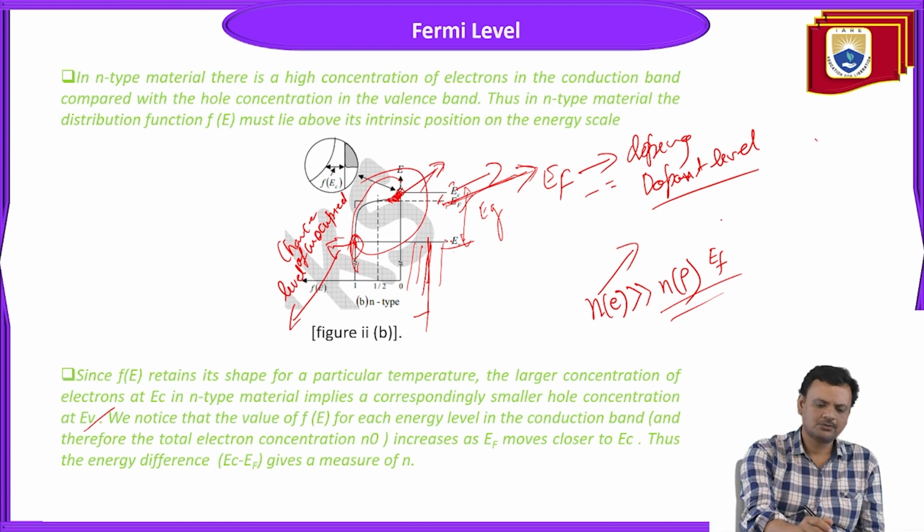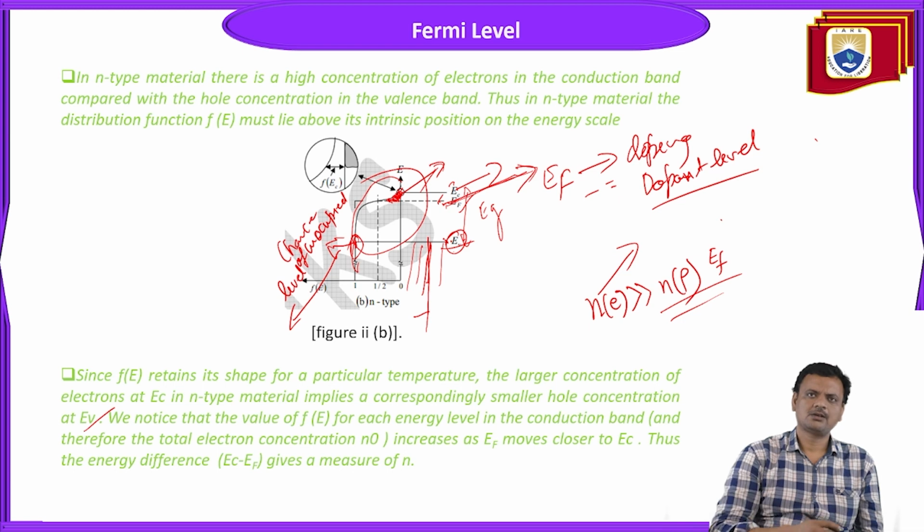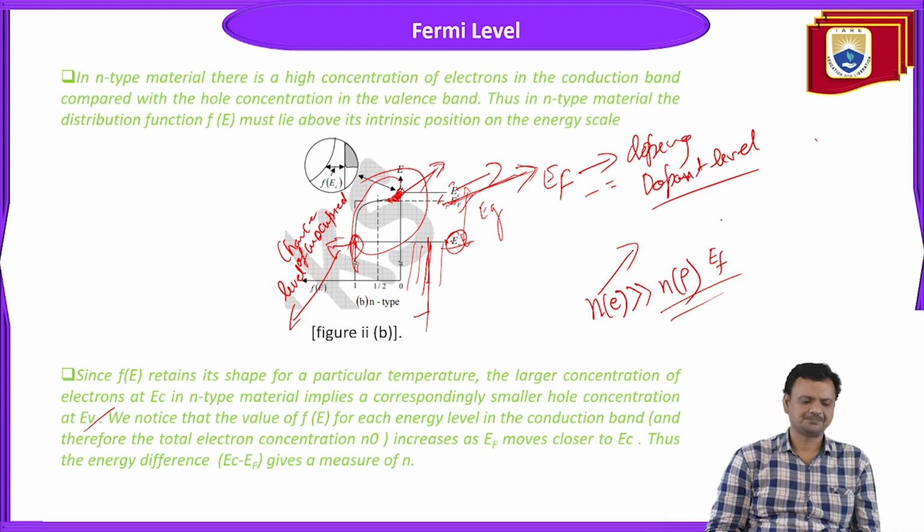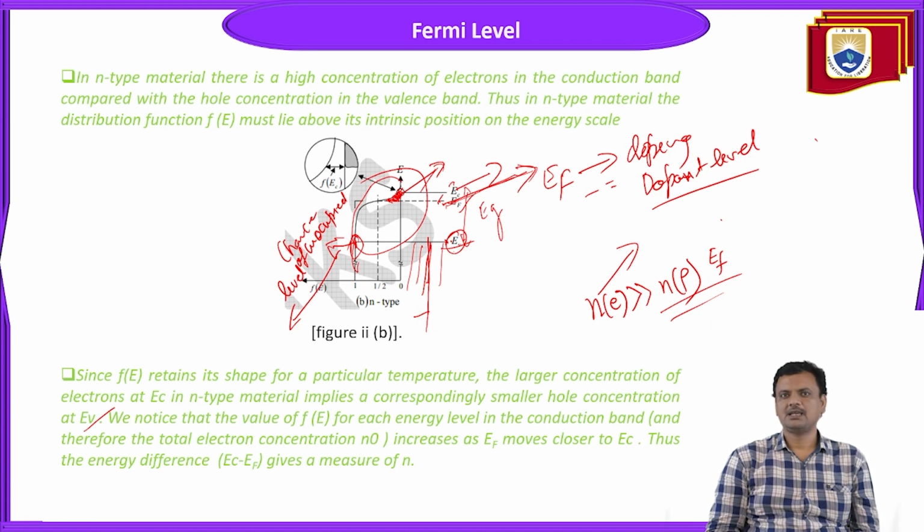So near to or at EV, 1 minus F of E is obviously very small. The same thing is written here: since F of E retains its shape for a particular temperature, the larger concentration of electrons at EC in N-type material implies a correspondingly smaller hole concentration at EV.